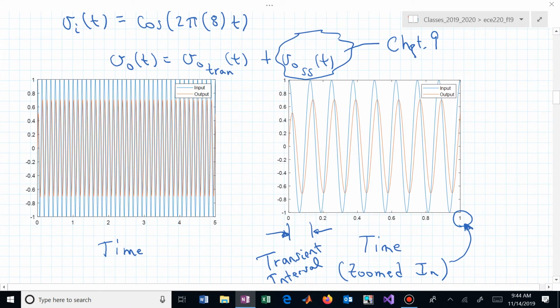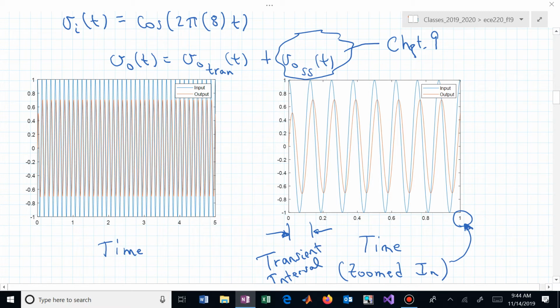If you compare, I don't know if you can see that. Hopefully you can. Your eyes are probably better than mine. The blue relative to the red. You can see that the red takes a while to get into this steady state behavior. That means that all we have to wait is a tenth of a second, and now we're playing with chapter 9.